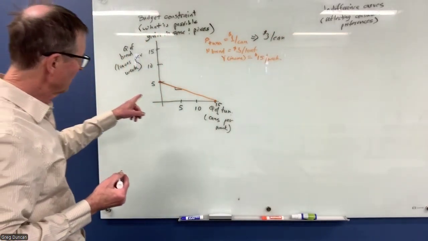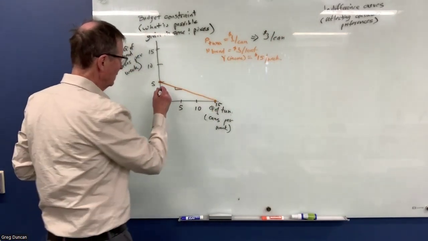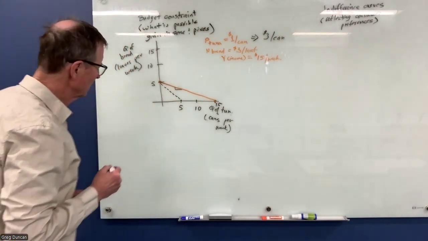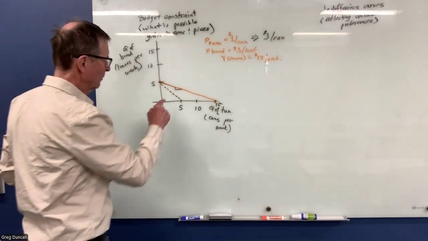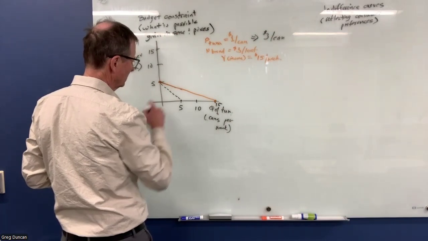Well, instead of being able to buy 15 cans of tuna with our $15, now we're down to 5 cans of tuna. There's a different slope. The slope is now 1-to-1 instead of 1-to-3.